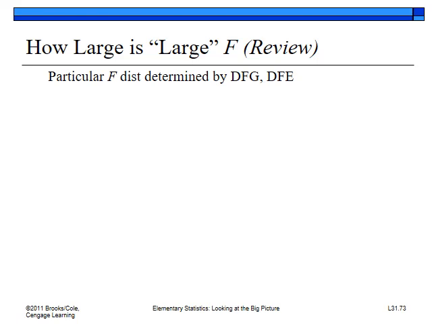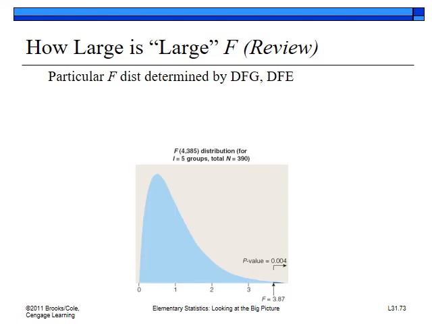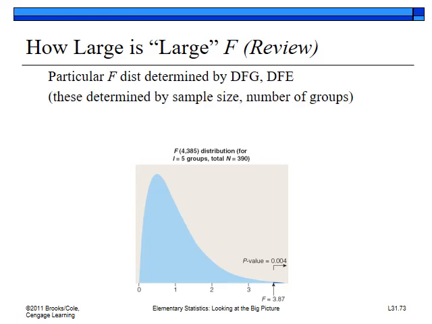So remember, the choice of the F distribution we use depends on the degrees of freedom both in the numerator and the denominator. Here's what the distribution looks like for I equals 5 and n equals 390. Notice that for F equals 3.87, the area in the tail to the right is 0.004.